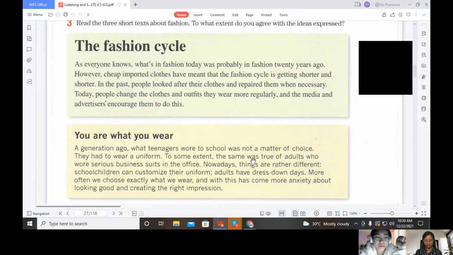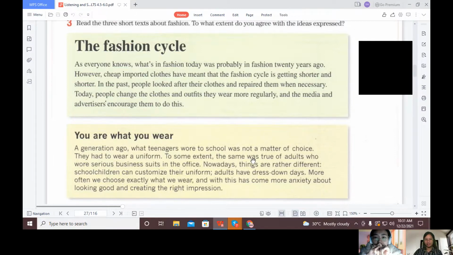But today a dress or a skirt could be worn only one time. Actually, someone I know, when she wears a certain dress one time, she will already give it to her sister or her cousin. She will not wear it anymore.